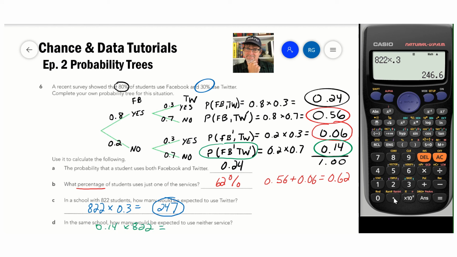Let's see what we get. 0.14 times 822. And I got 115. So 115 would be expected to use neither.